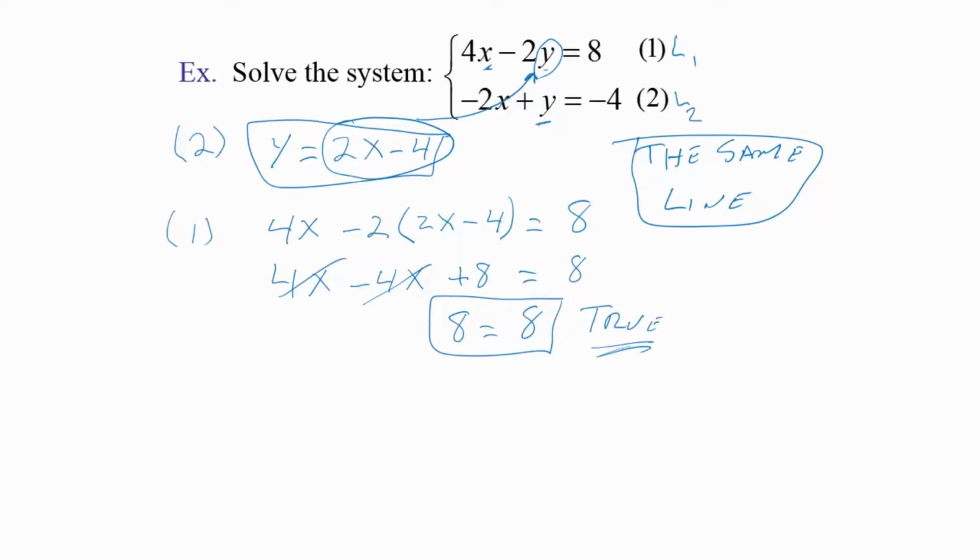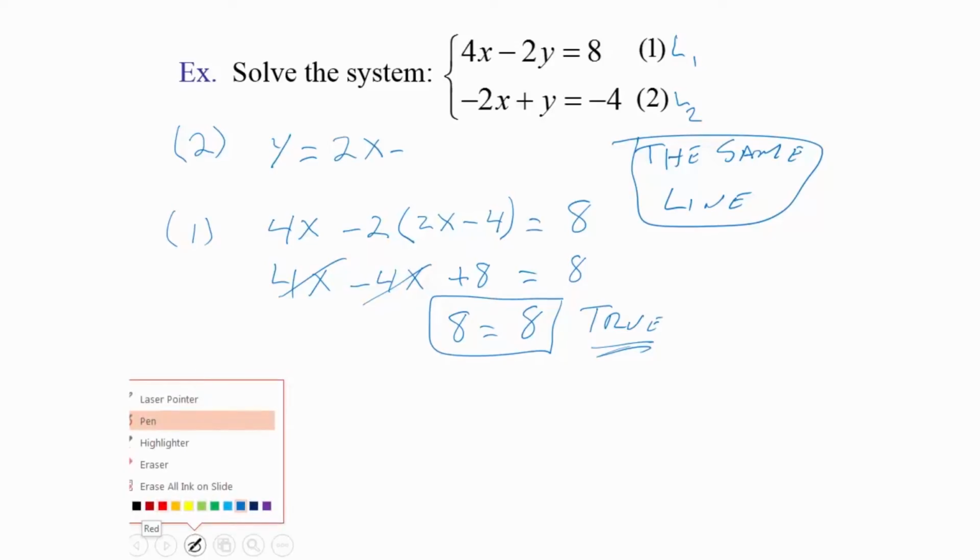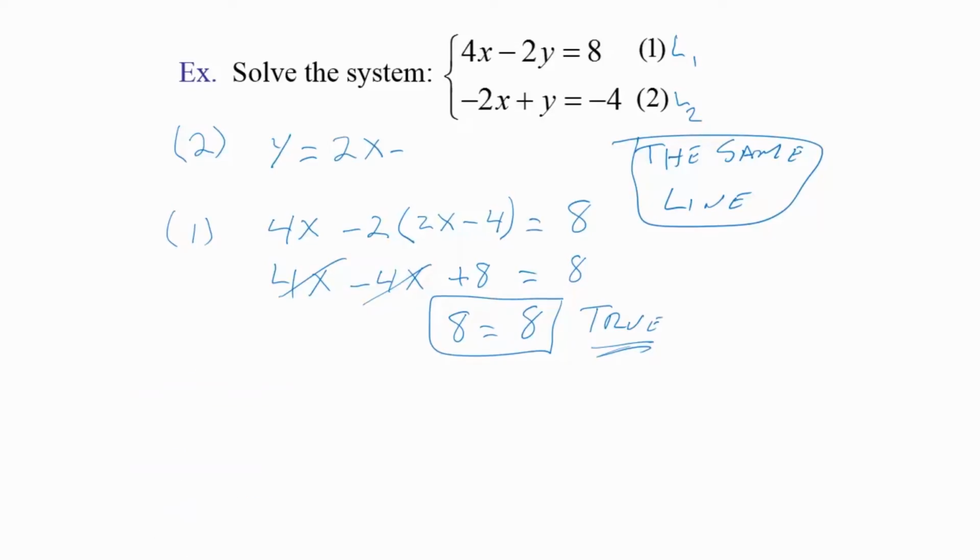Now, you could have seen that. Look here. If you go ahead in the second line, and multiply everything in the second line by minus 2, on both sides, so the value does not change, what do you get?